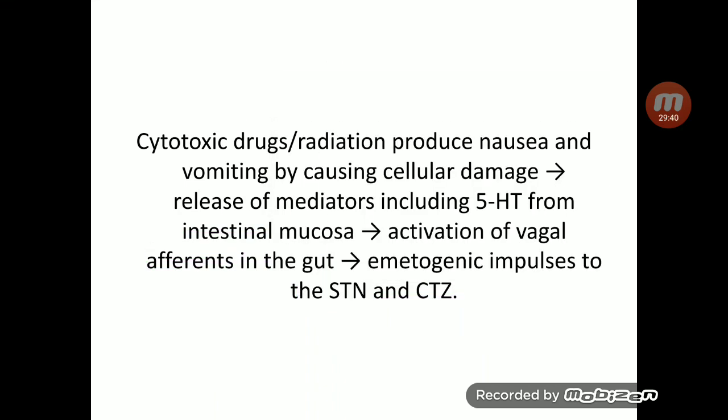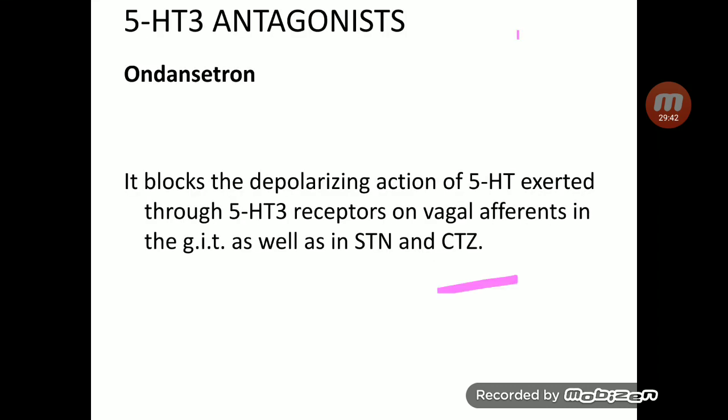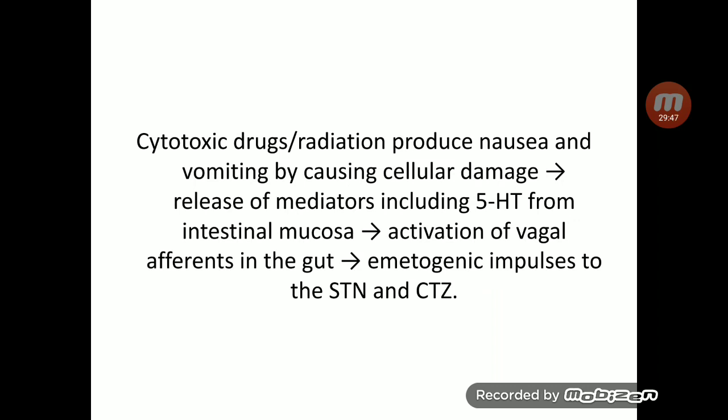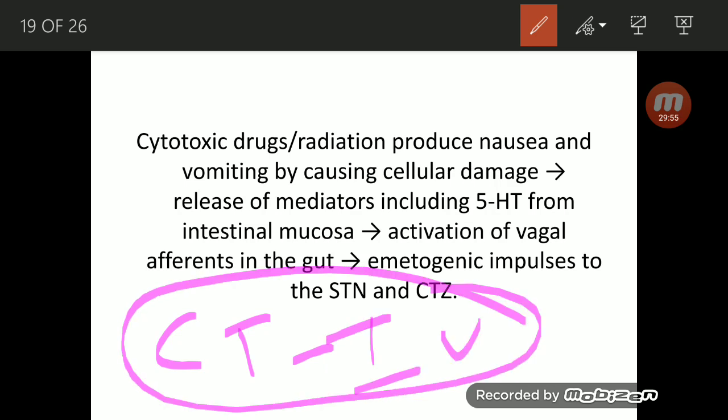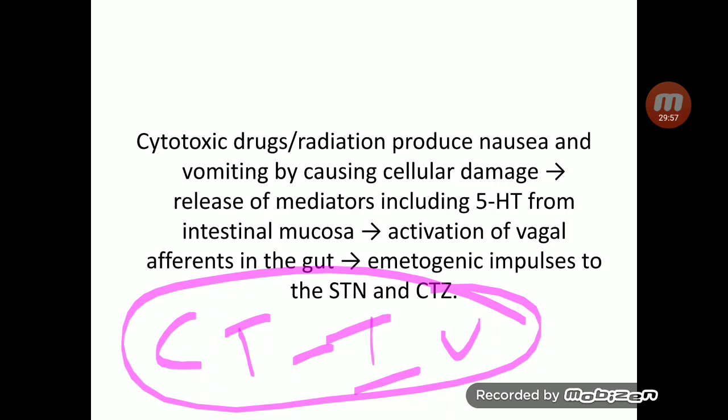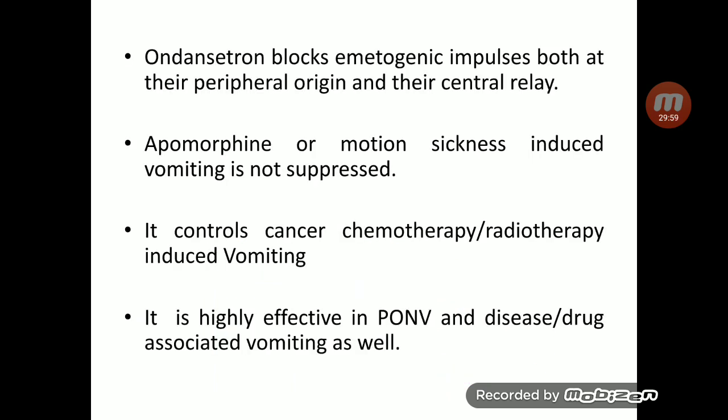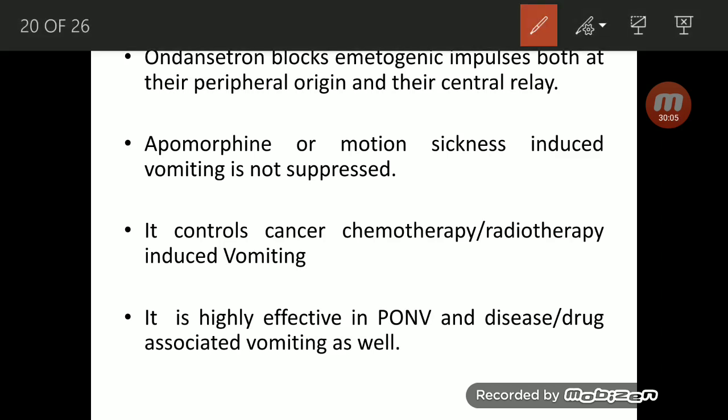This class of drugs, the 5-HT3 antagonists, are the drugs of choice for chemotherapy-induced emesis. Ondansetron blocks impulses both at the peripheral origin as well as the central relay.